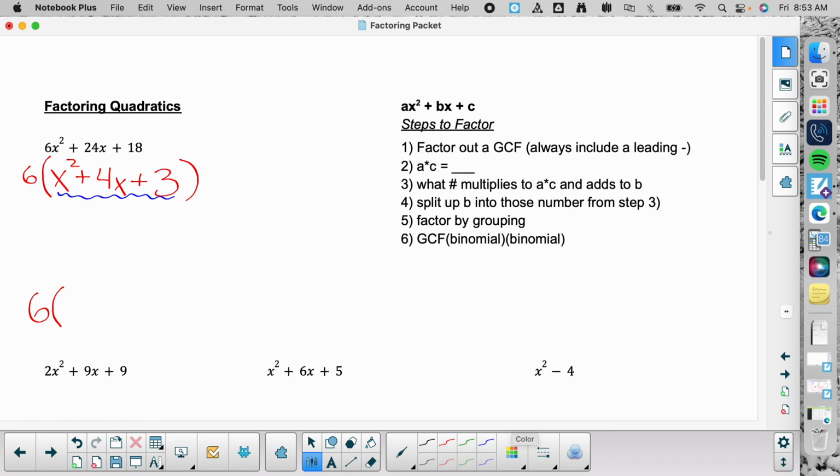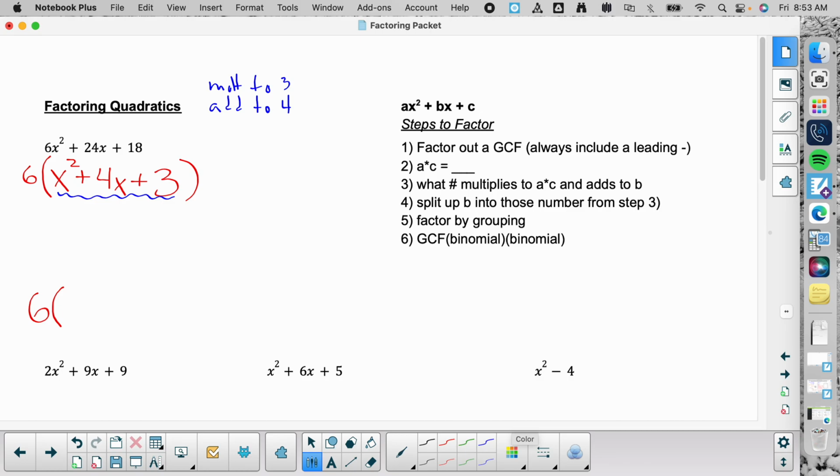We are gonna look to see what multiplies to 3 and adds to 4. I'm gonna guess everybody can do this pair in their head. Like, what's the pair of numbers we're gonna use? 1 and 3.